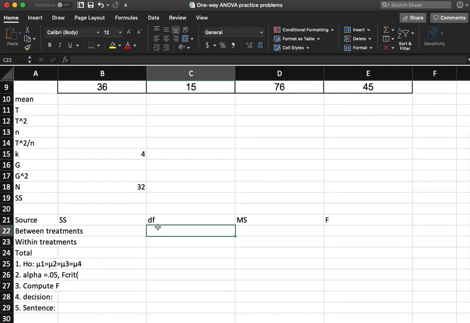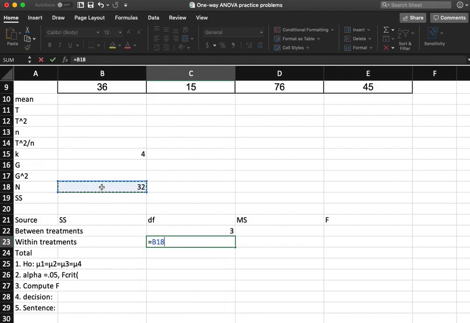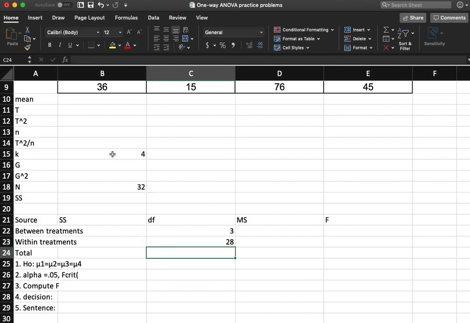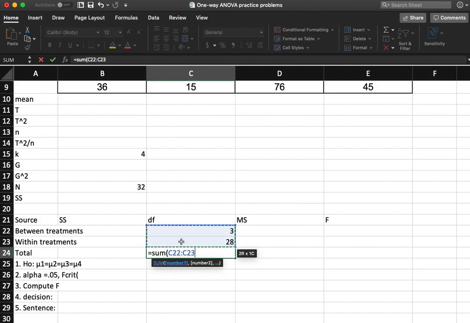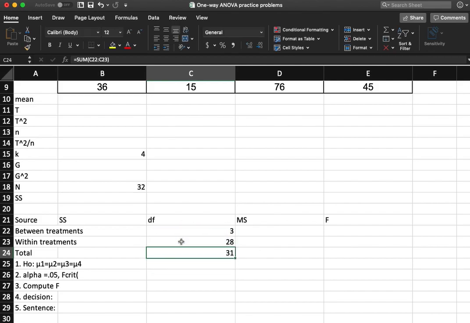So we can compute degrees of freedom between treatments as k minus 1. We can do within treatments as n, click on the n value, minus k. Now, we can get total by adding between and within, or we can get total by taking n minus 1. You get the same number either way.